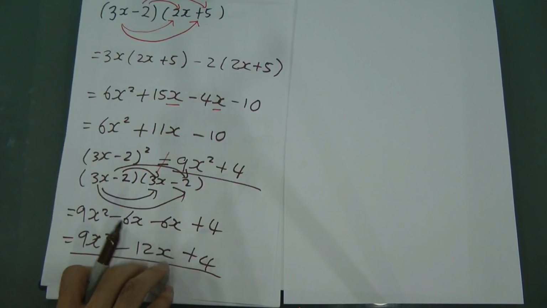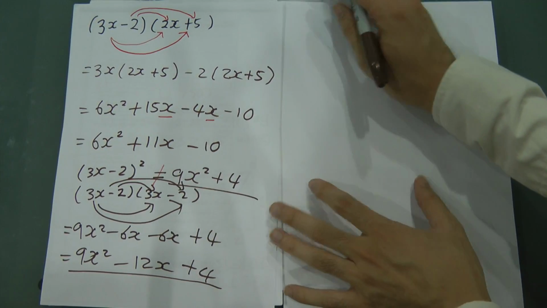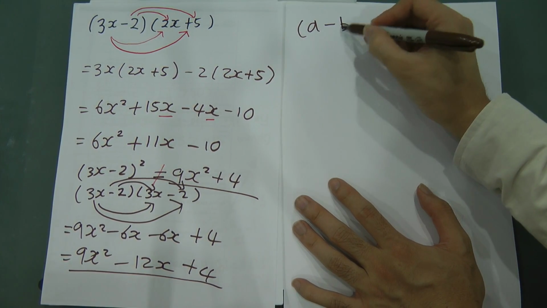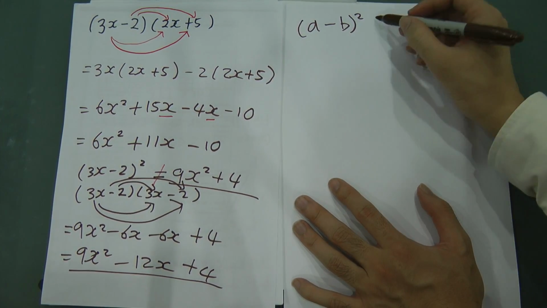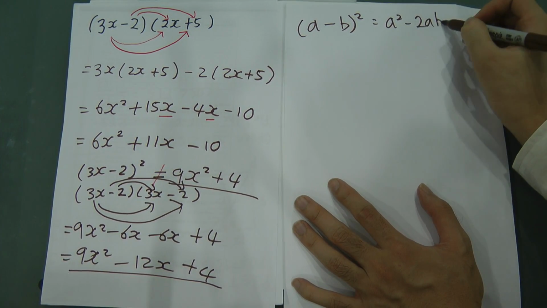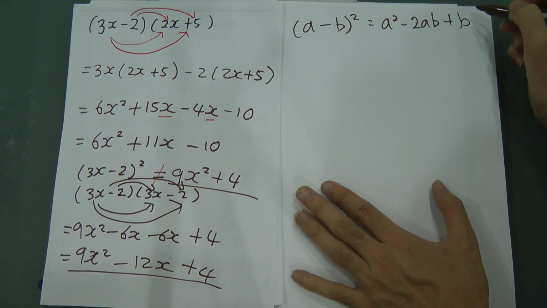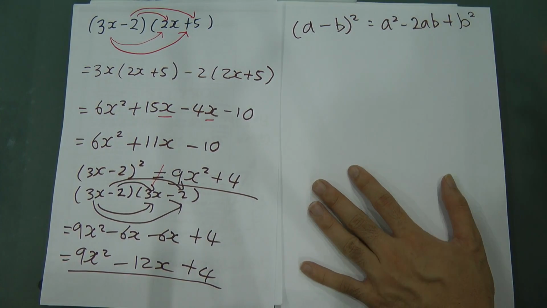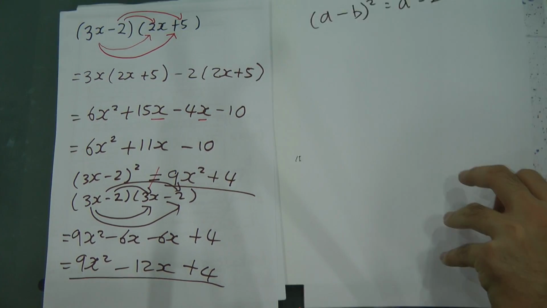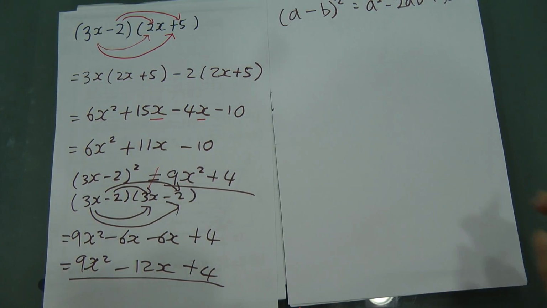Actually, you have one formula for this kind of thing. The formula is called, let's say, (a minus b) squared. The formula is a squared minus 2ab plus b squared. Okay? This is something like a formula. This formula is very easy.